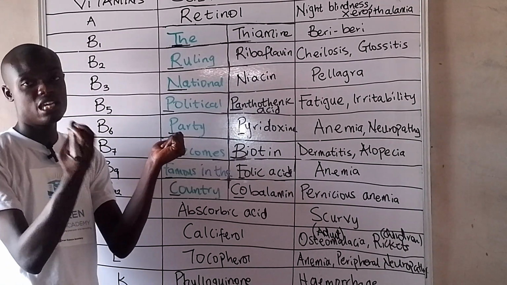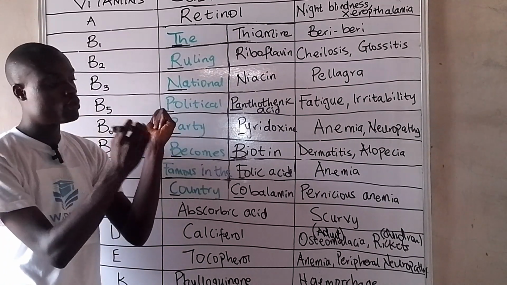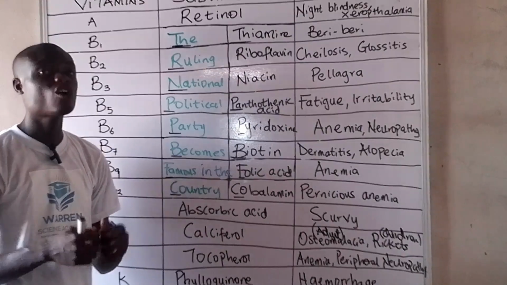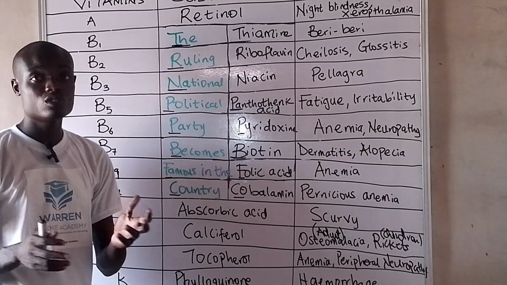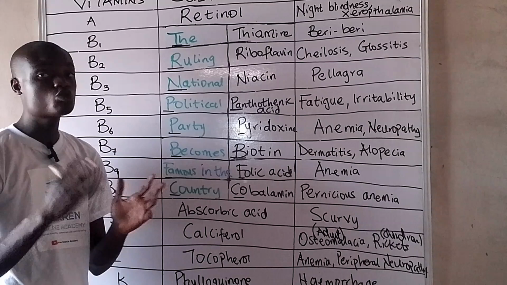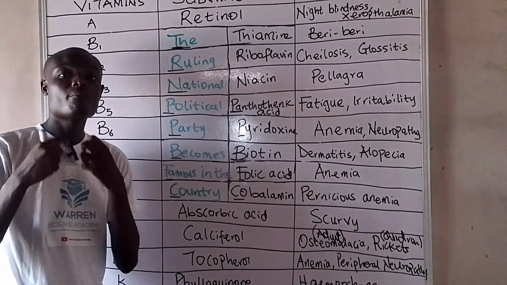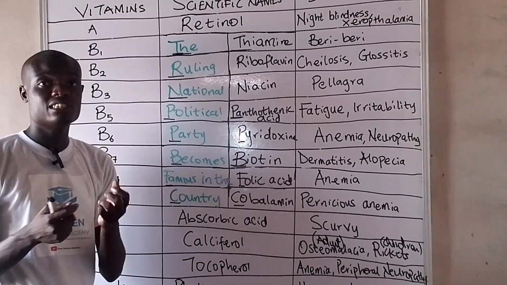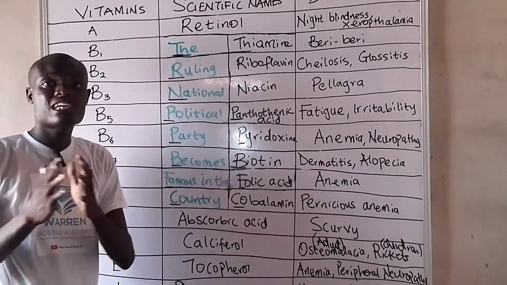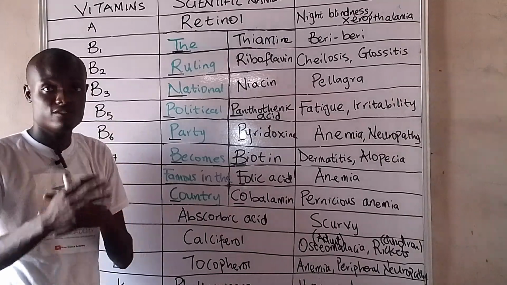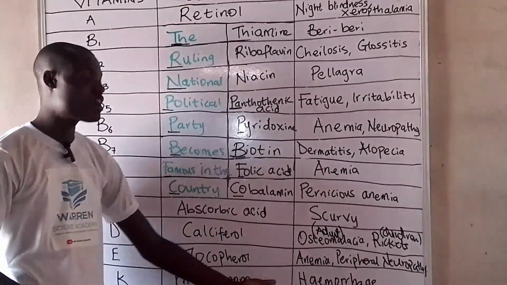Probably I just take a pin and puncture myself, and I keep bleeding for like 2 hours, and I lose 1 liter of blood. The thing refused to clot. That could be a deficiency of vitamin K, because vitamin K helps in blood clotting. So when you don't take it, the clotting factors are not there to bring about clotting. That means the individual will bleed excessively, and that excessive bleeding is what we call hemorrhage.